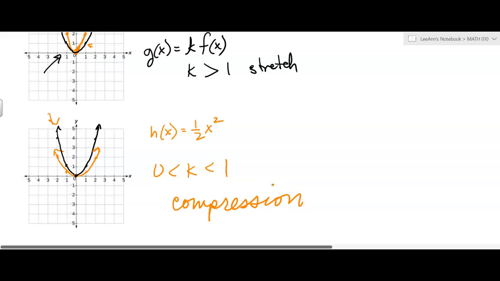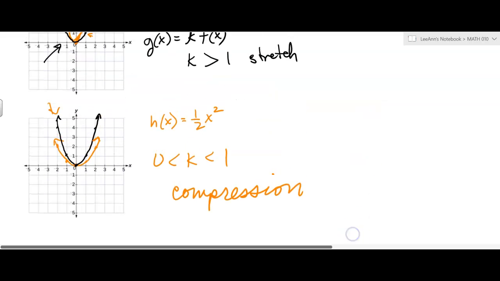So if it's a number between 0 and 1, it's going to get squished. Like if it had been 1/10 instead of 1/2, it would have really been squished, a lot flatter. All right. That is vertical stretch and compression. That's it.